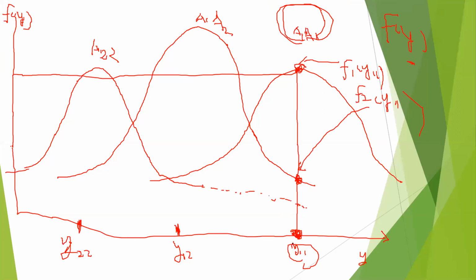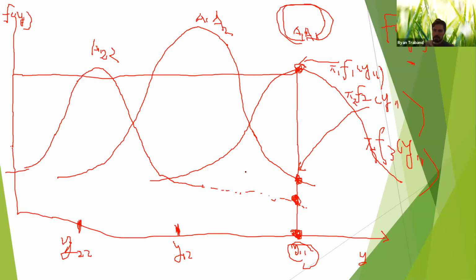If you still use this value to calculate the density function based on the third population, this value will be even smaller, right? Okay, now we want to add up these three things together, but we're going to multiply them by pi1, pi2 and pi3.